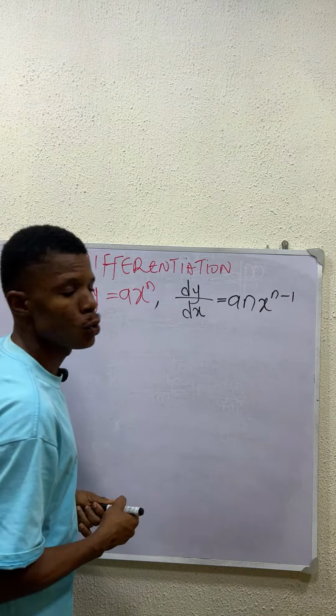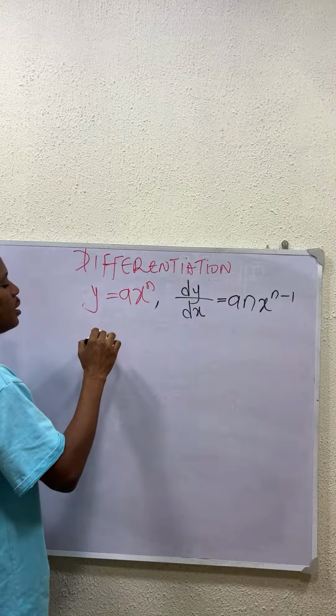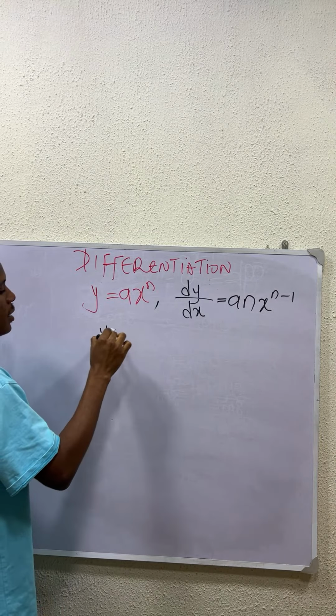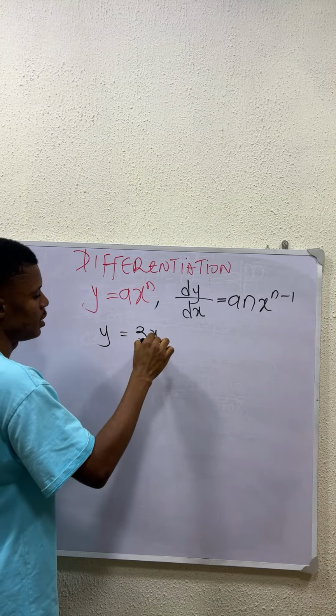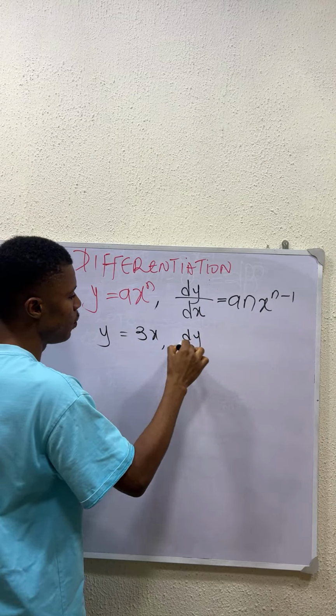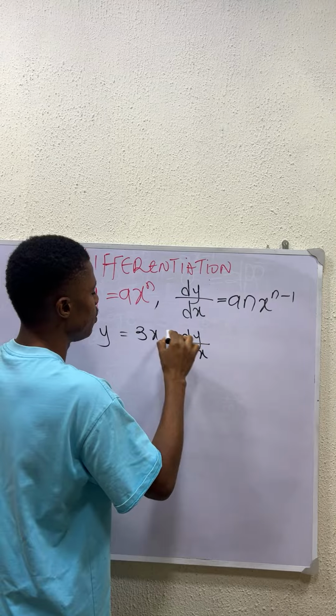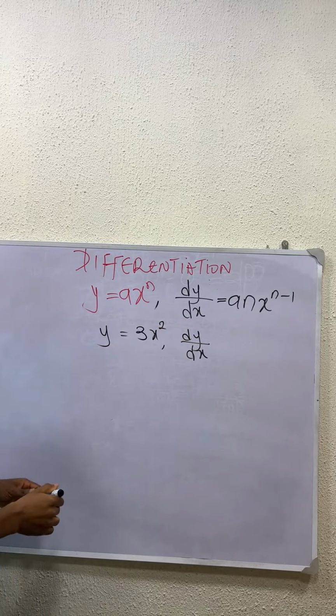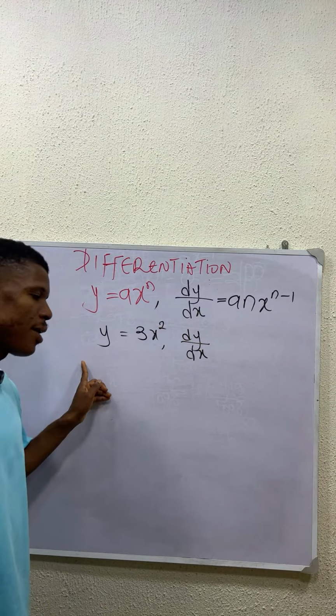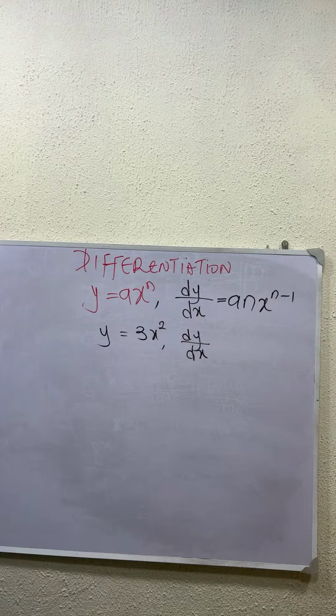So guys, let's try to differentiate a function. Let's say we are given that y is equal to 3x squared, and we are finding dy/dx. That is, we are trying to differentiate y with respect to x. This is very, very simple.